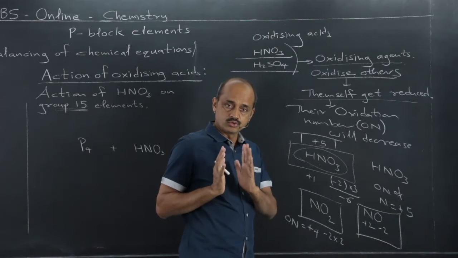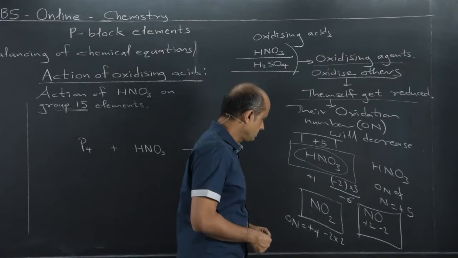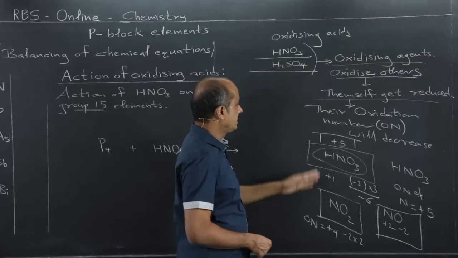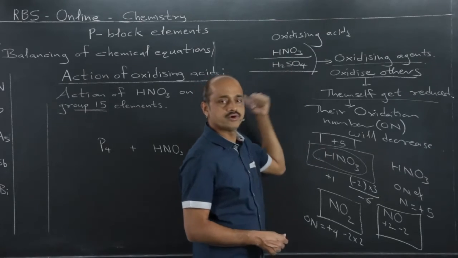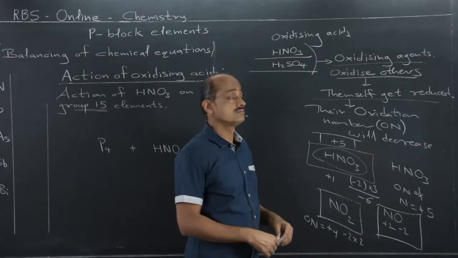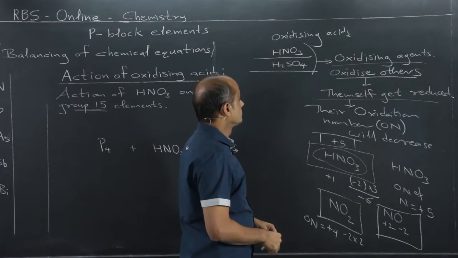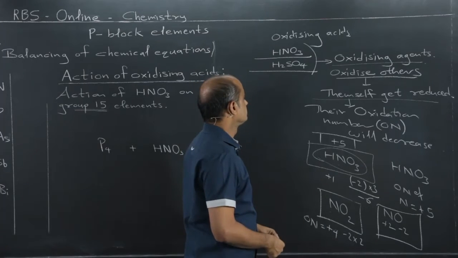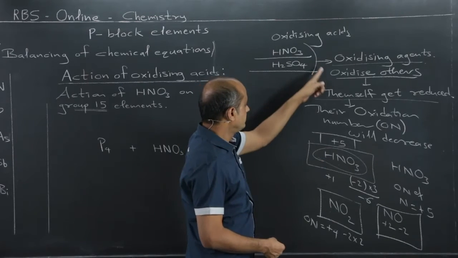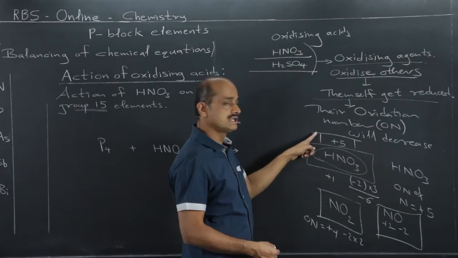Let us control the discussion within our limits as far as this topic is concerned. So, plus 5 is the oxidation state of nitrogen in nitric acid, and nitric acid is oxidizing acid for this reaction of nitric acid with group 15 elements, nitrogen, phosphorus and all other elements. If it is oxidizing acid, it gets reduced, its oxidation number decreases.